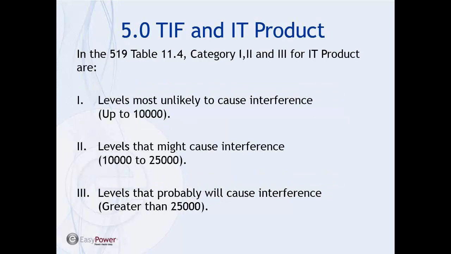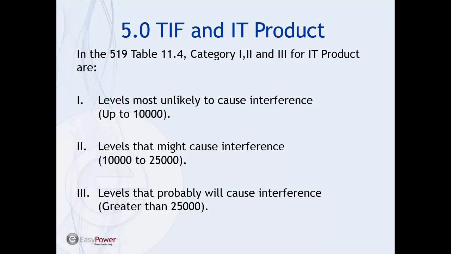Now, just a little note here. In the 519 table 11.4, they call category 1, 2, 3 for IT product. They say these are guidelines. Okay, that's what the table says. This is what the category 1 guideline says. Literally, levels most unlikely to cause interference, 0 up to 10,000. Levels that might cause interference, 10,000 to 25,000.